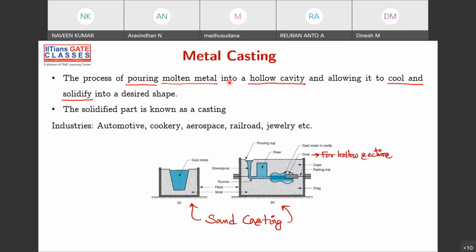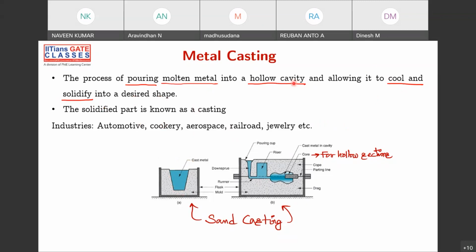So let's say you have molten metal. You're pouring it into a hollow cavity, and then you allow some time to pass so that it cools and solidifies itself, and then you get the desired shape. Which desired shape? The shape of the hollow cavity.